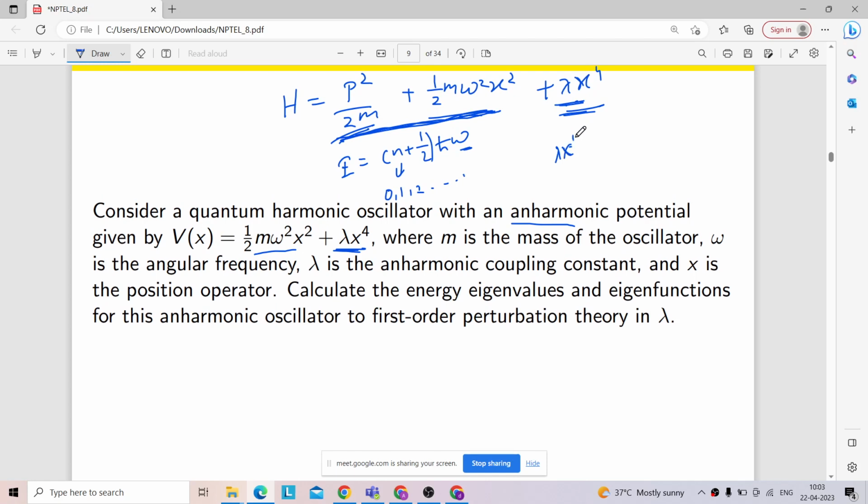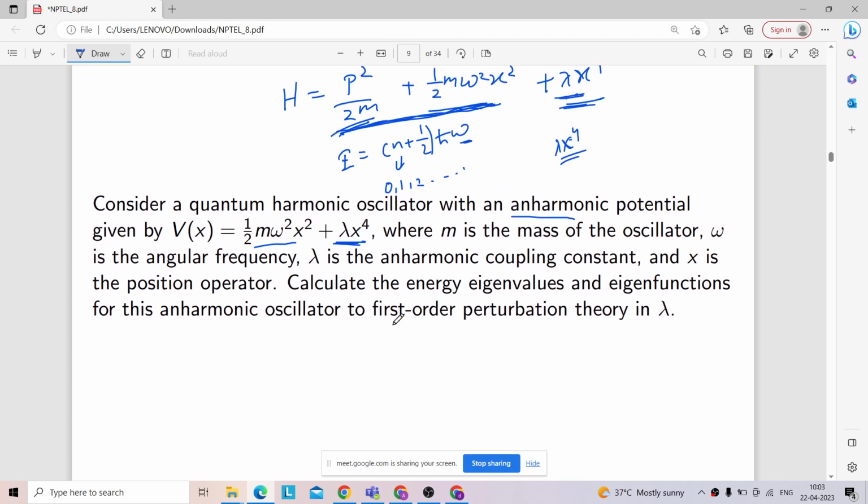So we are being asked to calculate the eigenvalues, that means the eigenvalues of the Hamiltonian, and the eigenfunctions of this anharmonic oscillator. If we have a state like |n>, then for this state the energy is (n plus half) h cross omega. This is for the harmonic case.